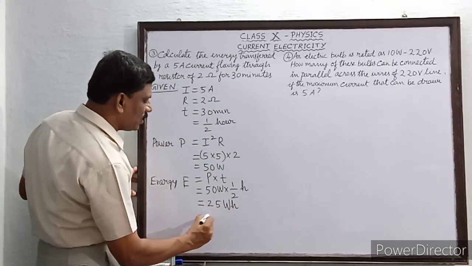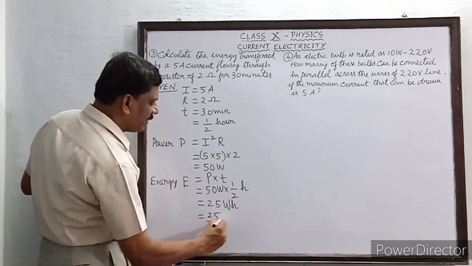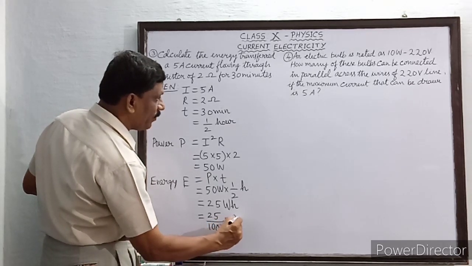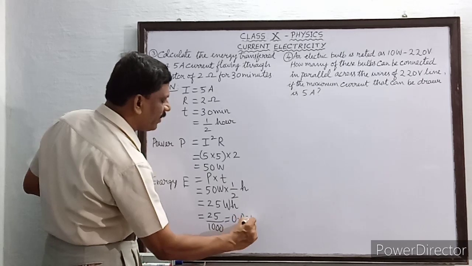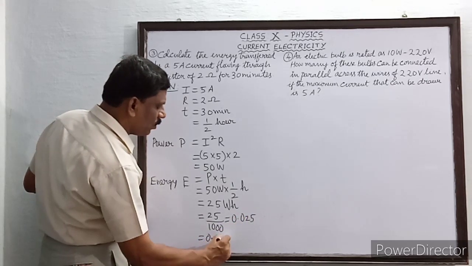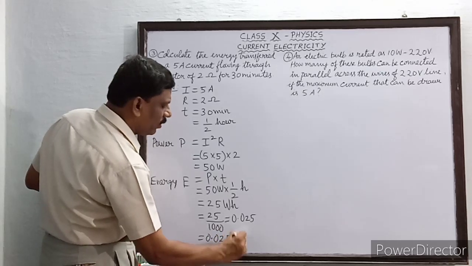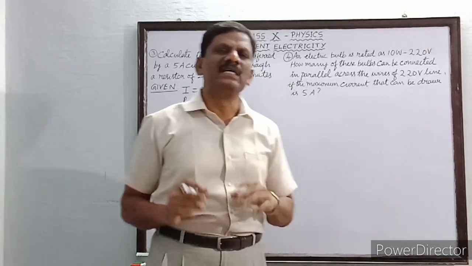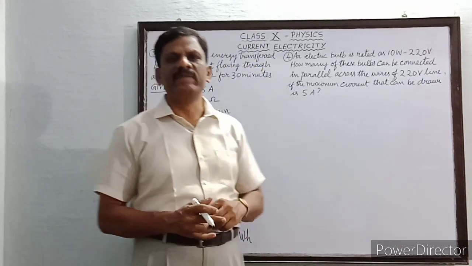So this is equal to 25 divided by 1000, and this is equal to what? 0.025 kilowatt hour. Understood?